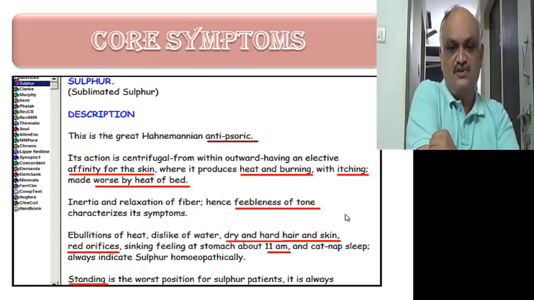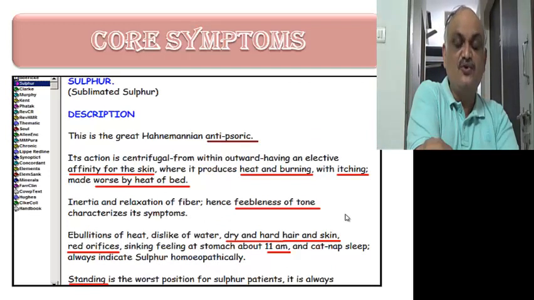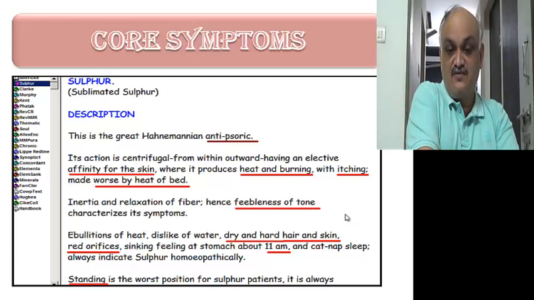Now core symptoms. Here we have Sulfur from Boericke. These underlying sentences are called core symptoms, like Sulfur is highly Hahnemann's antipsoric. So when you have a psoric expression, you can think of Sulfur. Affinity for the skin. We all know Sulfur is a very good skin remedy, right?